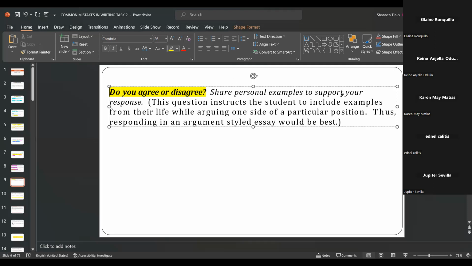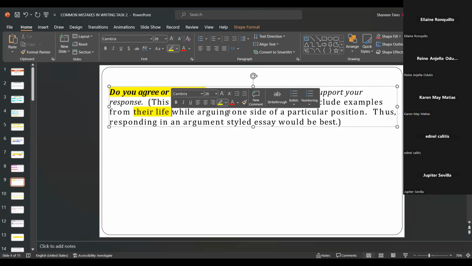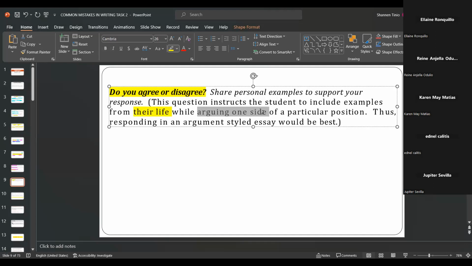Share personal examples to support your response. It's okay to share personal examples. Yes, this question instructs the student to include examples from their life while arguing one side. One side lang, oh. You are only ought to argue one side on a particular position.